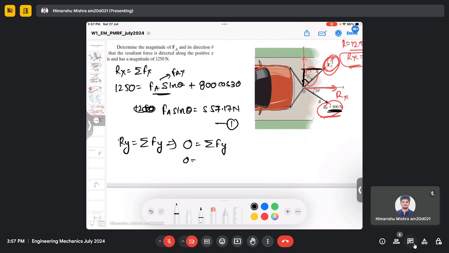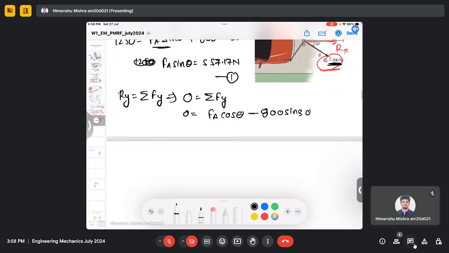So it will be 0 equals Fa cos theta minus 800 sin theta. So here you get 0 equals Fa cos theta minus 400. So Fa cos theta equals 400.